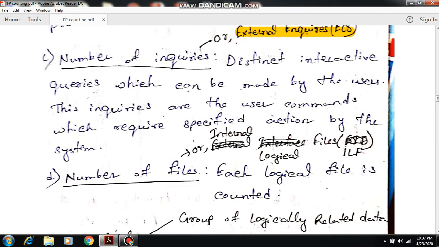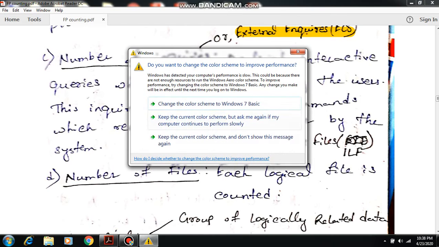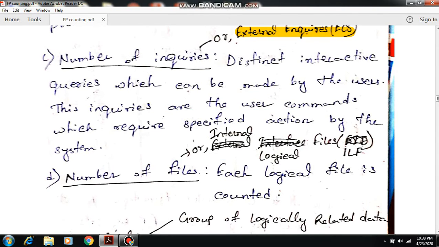Distinct interface inquiries which can be made by the user. These inquiries are user commands which require a specified action by the system. Suppose we are making a hospital management system. When a patient logs in to the hospital management system, the patient's guardian may ask, say the patient is a diabetes patient.